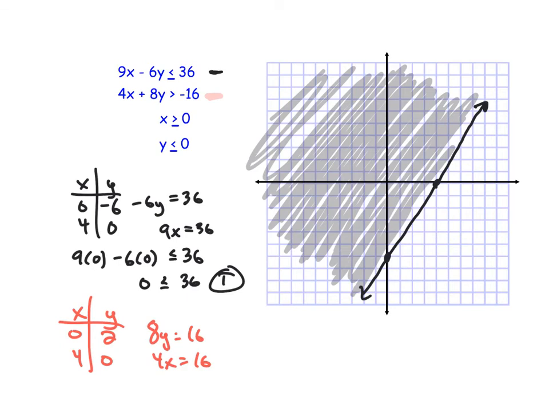And then let's test 0, 0 for this one as well. So we would have 4 times 0 plus 8 times 0 is greater than negative 16. So is 0 greater than negative 16? Sure. So we're going to shade 0, 0, which means we're going to shade below the red line.